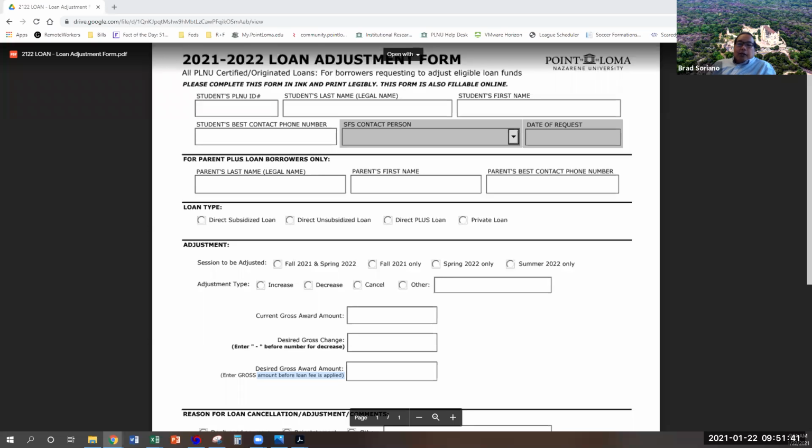It's still them authorizing us to do what they want us to do. And maybe it's more cut and dry, more black and white: I want to reinstate my loans or I want to cancel my loans. And there used to be reinstatement on the adjustment type also. Cancel's on there, but not reinstatement.